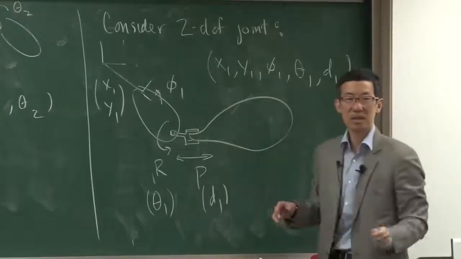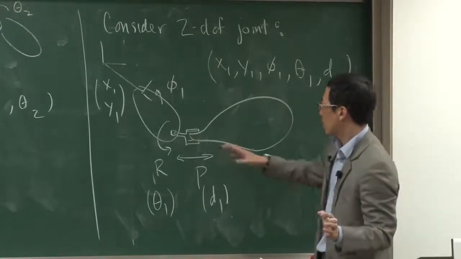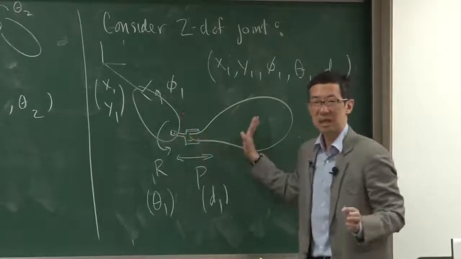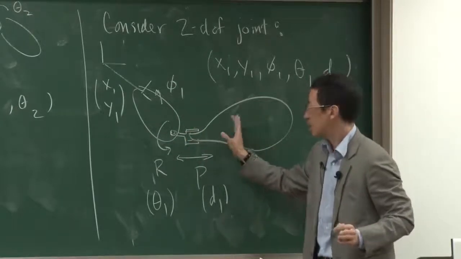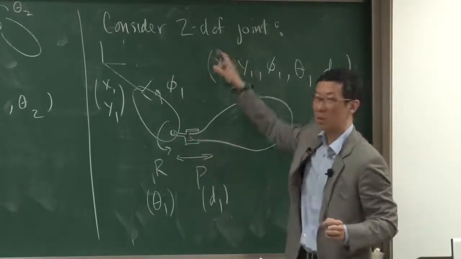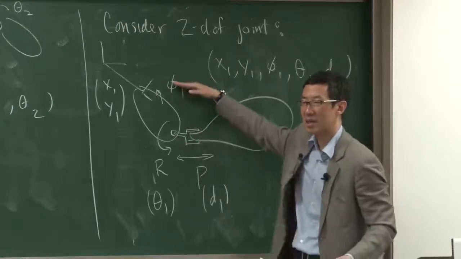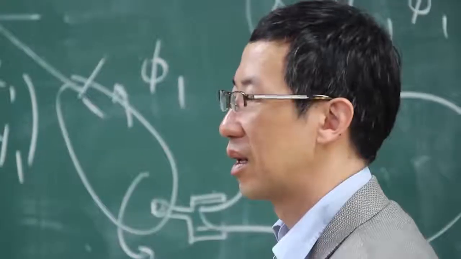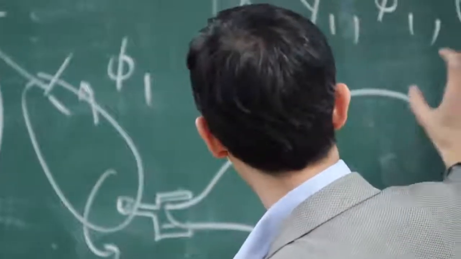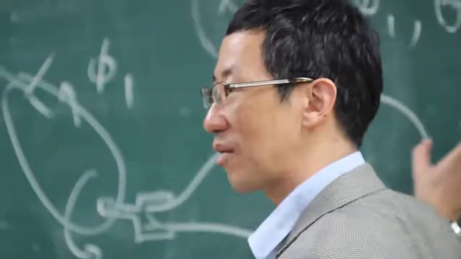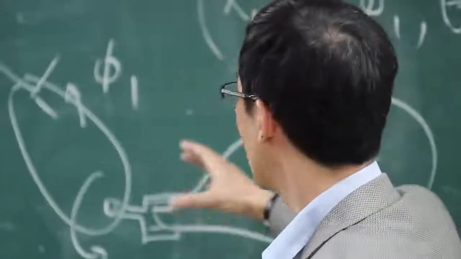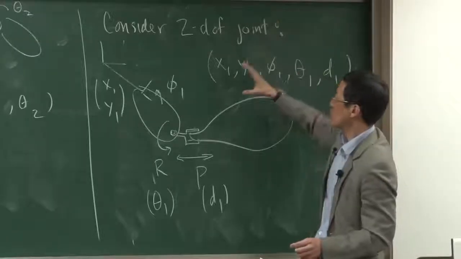So without this joint, we need 6. If we connect these 2 bodies using a single 2DOF joint, it goes from 6 to 5. If we added another link out here using a 2 degree of freedom joint, you see that it goes from 9 to 7.